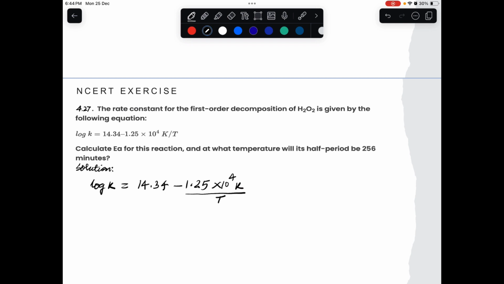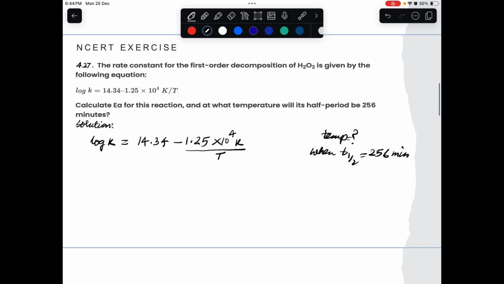What else they have given? That they are asking at what temperature. So we have to find out your temperature when T half is equal to 256 minutes.